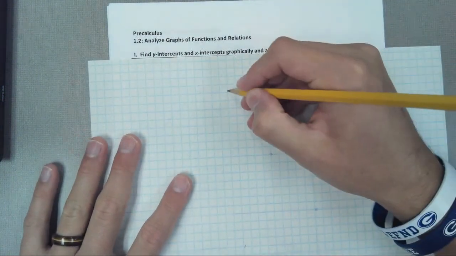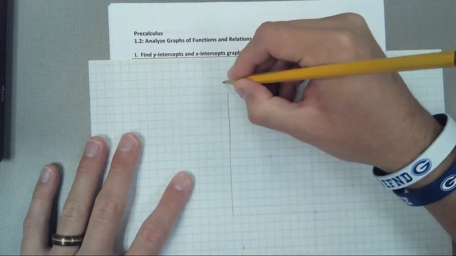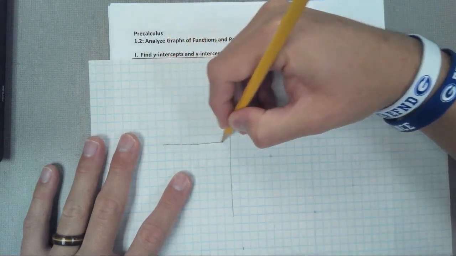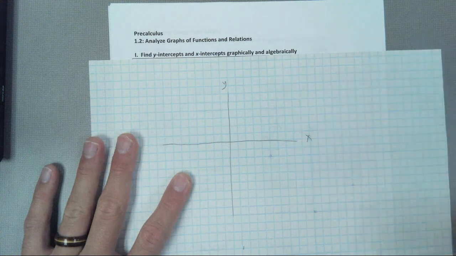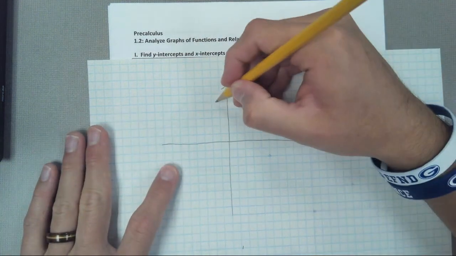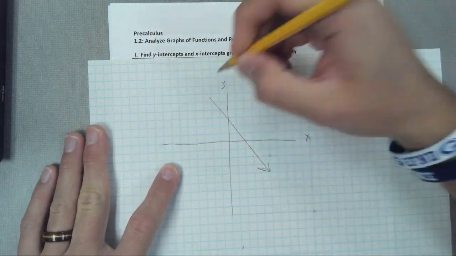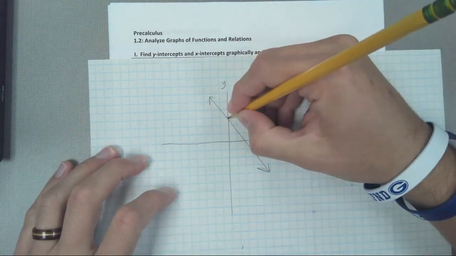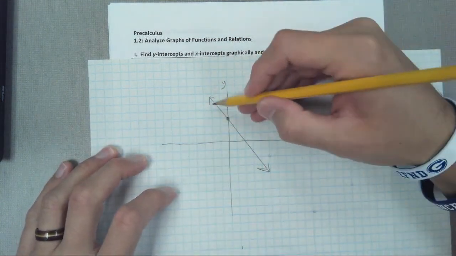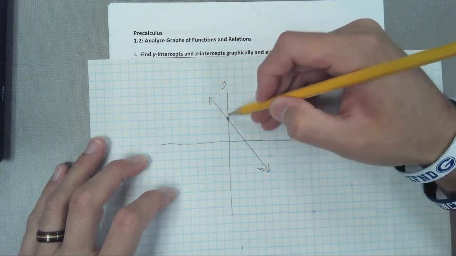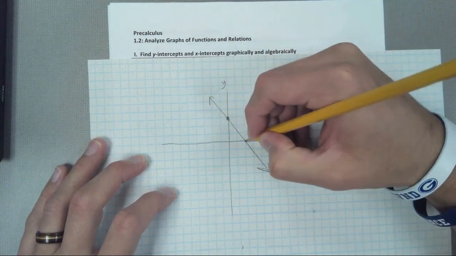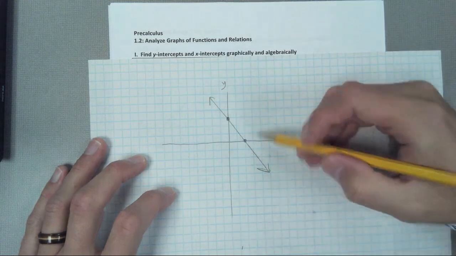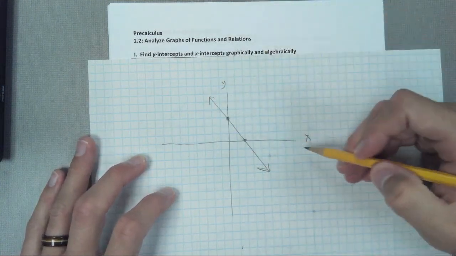Essentially, if you have a y-axis and an x-axis, let's keep it simple, a nice linear graph. Let's say this is the point where this line, this function, intersects the y-axis, and this is the spot where the function intersects the x-axis.